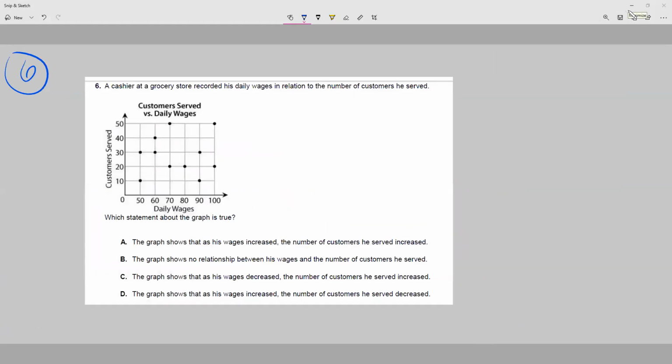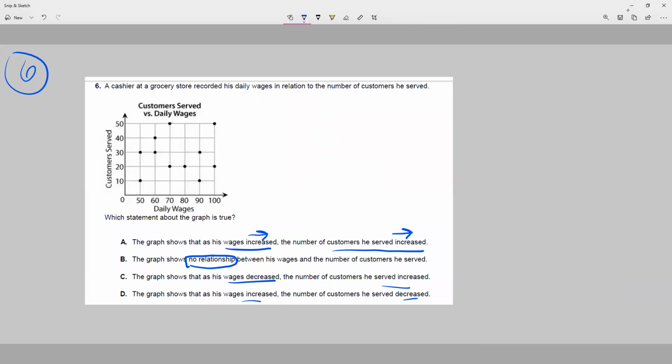All right, here's one where it says, which of these statements is true? So the graph shows his wages increased and that the number of customers served increased. So this is saying increased. This is saying the graph shows no relationship. The graph shows that as his wages decreased, the number served increased, or as wages increased, they decreased.